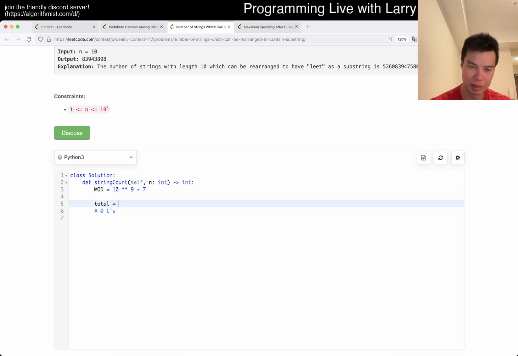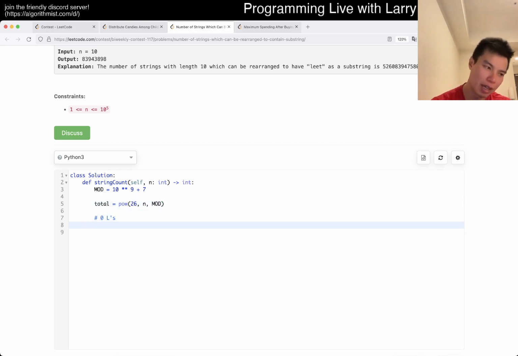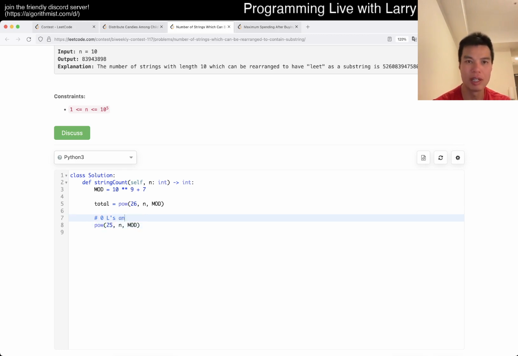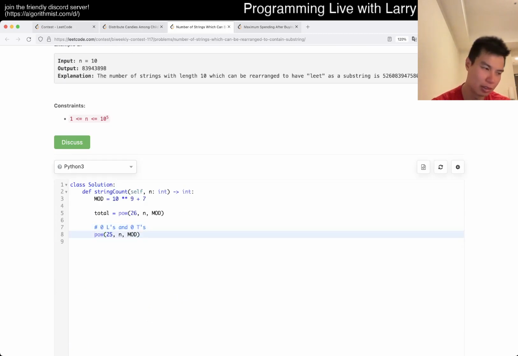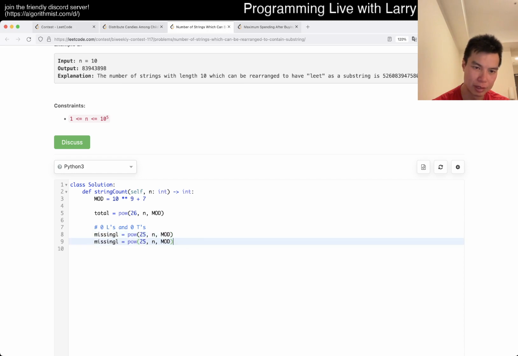Total is equal to 26 to the n mod. 0 L's is going to be basically power of 25 and mod, type it correctly. And also 0 T's, right? So this is twice, right? Missing L, or no L's, whatever. Missing T, right?